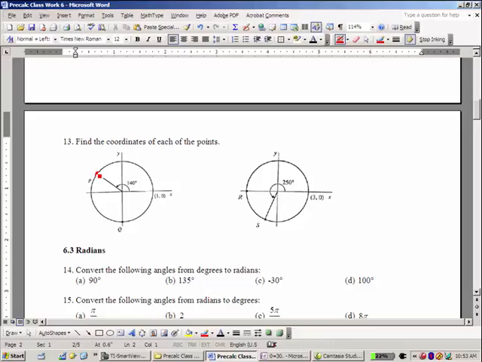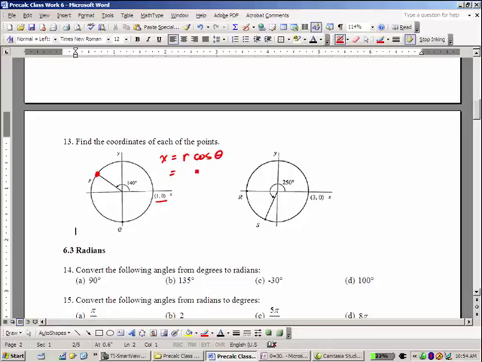And all I know is that I've traveled 140 degrees on a circle that has a radius of 1. Well, guess what? I know what the x-coordinate is, and I know the relationship to the y-coordinate. What's the x-coordinate equal to? R, which is the radius, times the cosine of whatever the angle is.